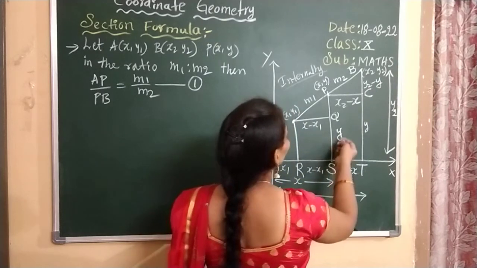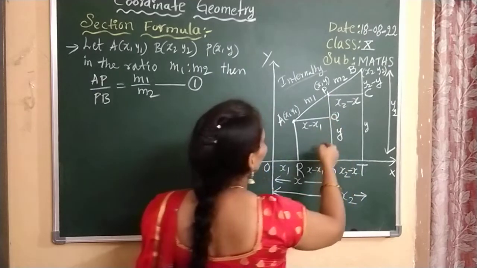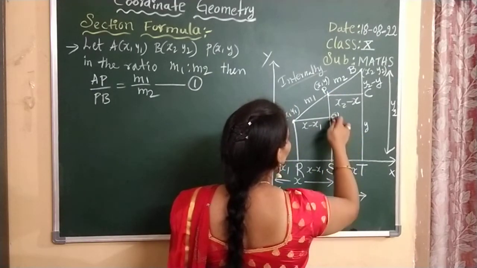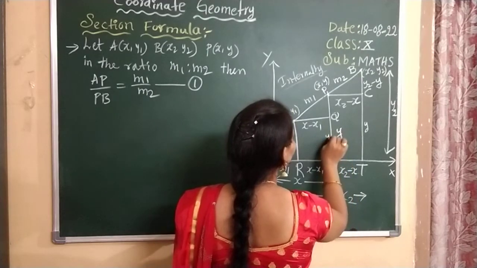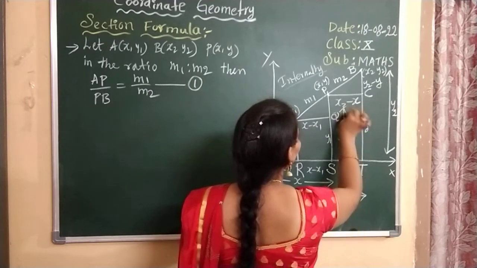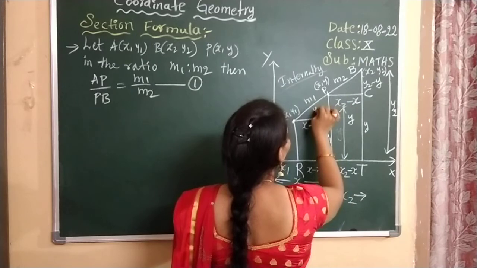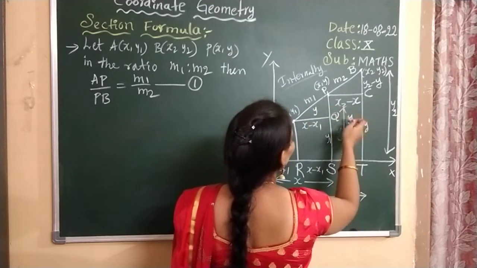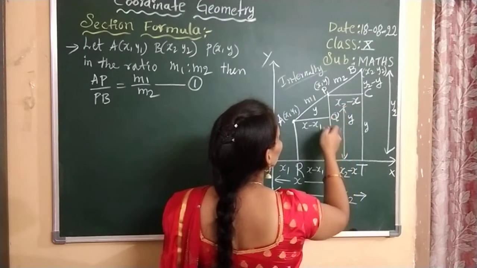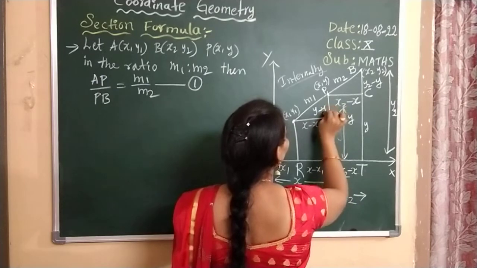PQ you will get y minus y1, where this is y1. From the total length y, you subtract QS, that is y1.